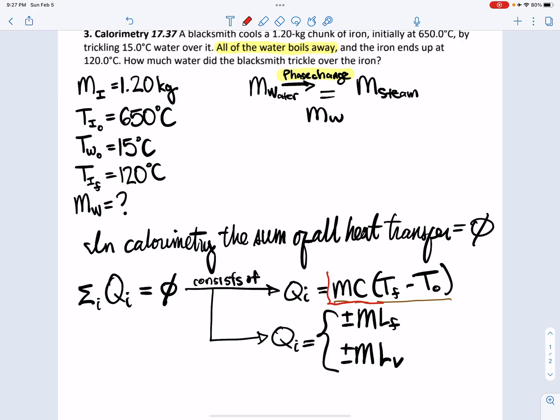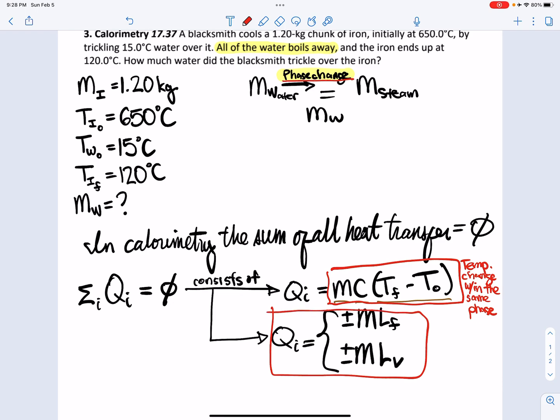So this one is only for temperature change, or heat transfer associated with temperature change within the same phase. But as we saw, we also experience phase change in this problem when all the water boils away and is converted to steam, right? So we'll have to use one of these equations, and these equations are used when there is phase change.